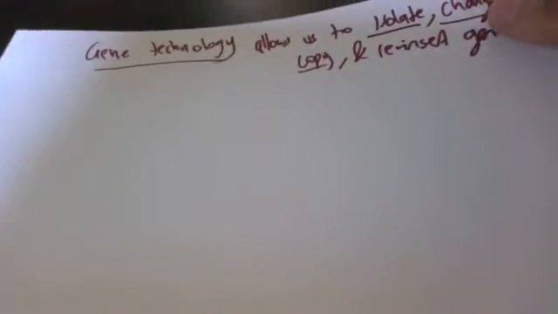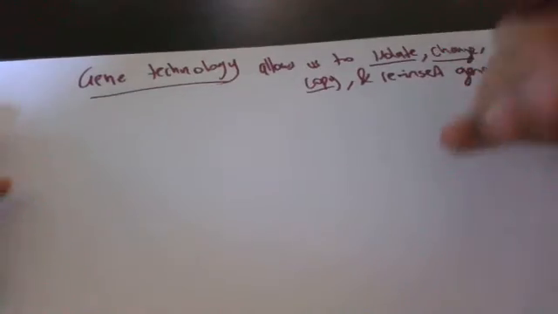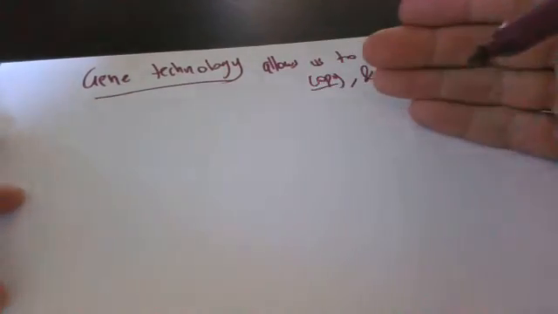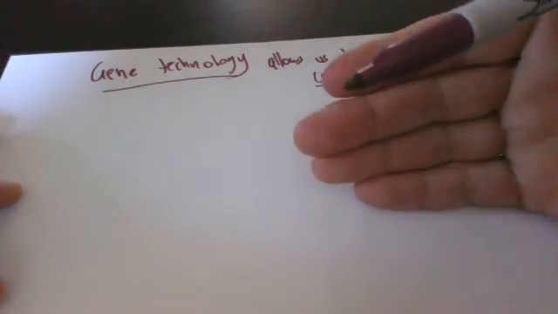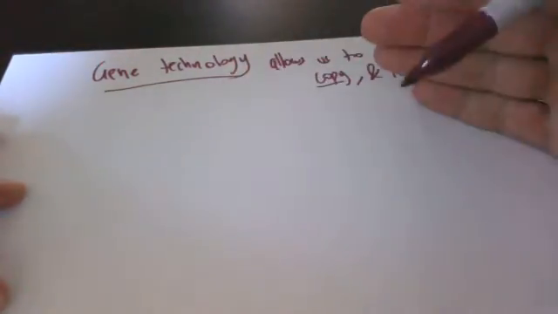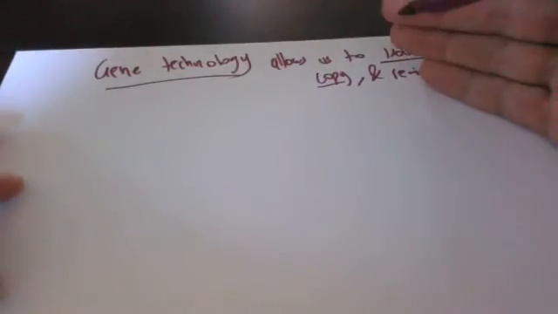Now, the use of gene technology has helped us develop larger harvests. Plants have been able to be mass produced. Plants with greater disease resistance, even fruit and veg that last longer and taste better. So that's some of the pros of gene technology.